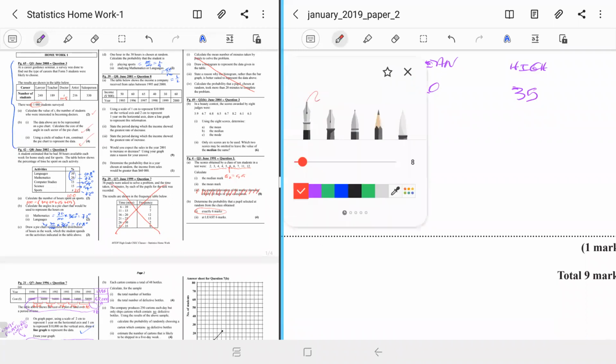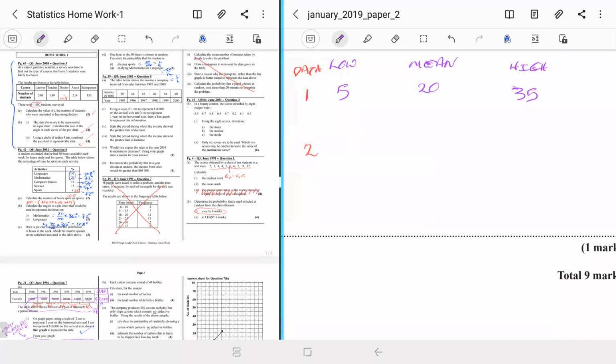Now another set of data, data 2. Just for convenience, for data 2, we're going to make the mean also 20. But this one is going to go up to 30 as a high, and come down to 10 as a low.